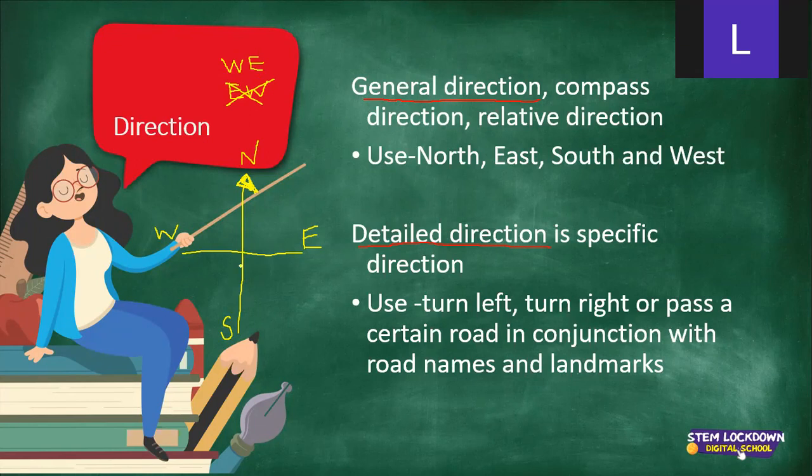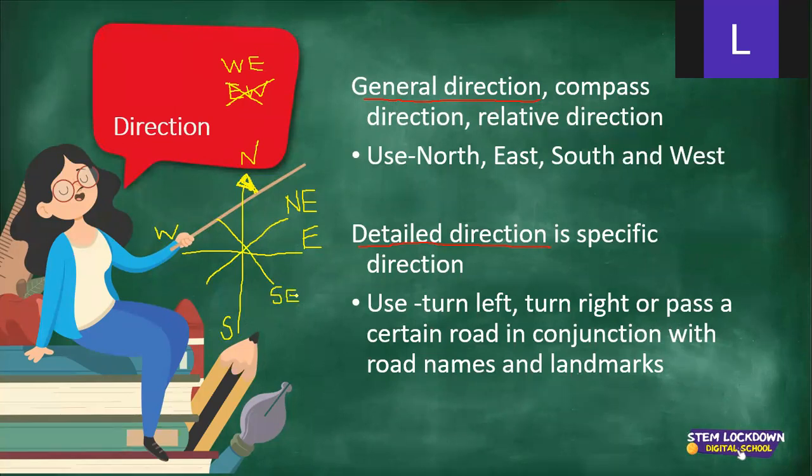Okay, for MathLit, you also need to know the directions in between. This is north. This is east. In between north and east will be northeast. In between south and east, it will be southeast.